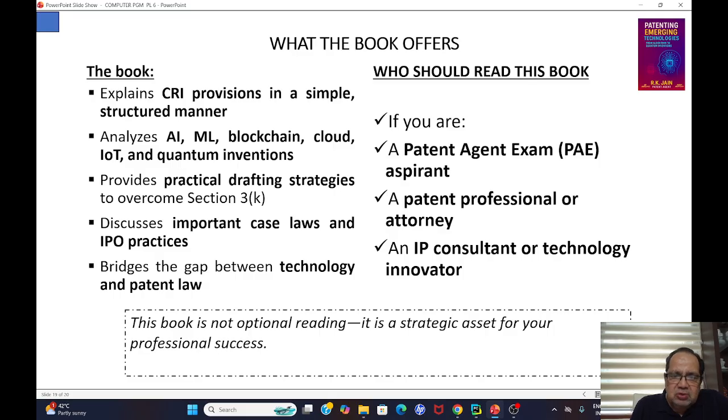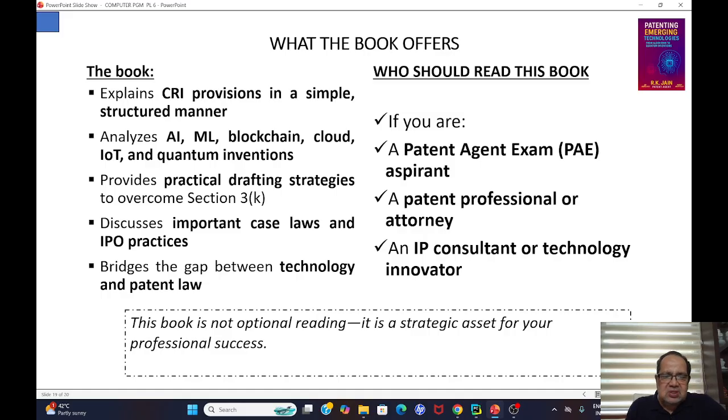The do's and don'ts are different. The requirements of the patent office are different. The red flags need to be addressed, and most importantly, the pitfalls for these new era technologies vis-a-vis the requirements of the patent office need to be understood and handled appropriately.